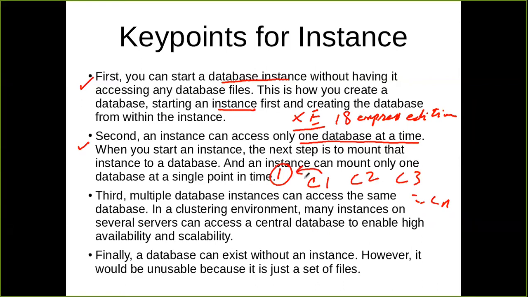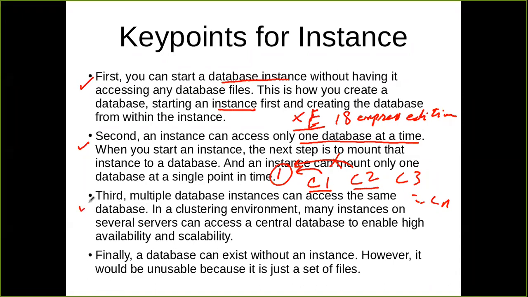So if the database of company C1 is connected with the instance, then at the same time I cannot connect the database of company C2 with my instance. I can have more than one instance at the same time in my system. For example, one is the default instance XE, and in a similar way I can create more instances, but one instance can access only one database at a time.